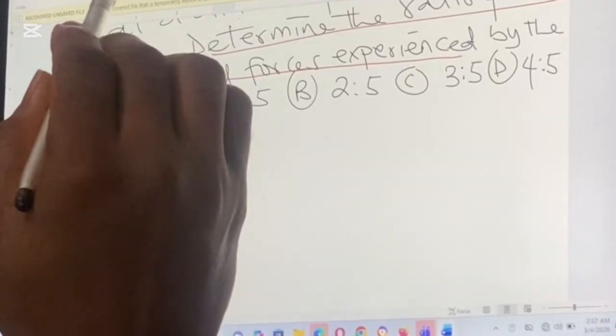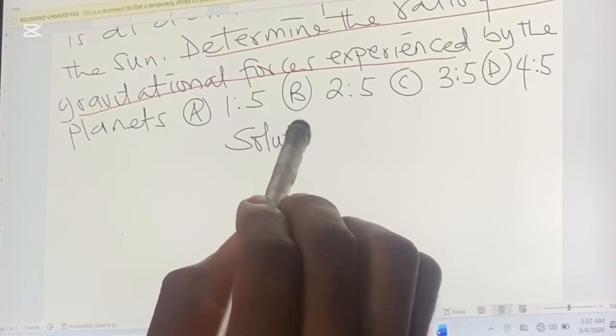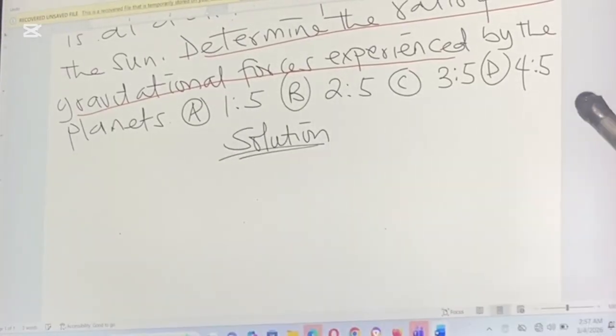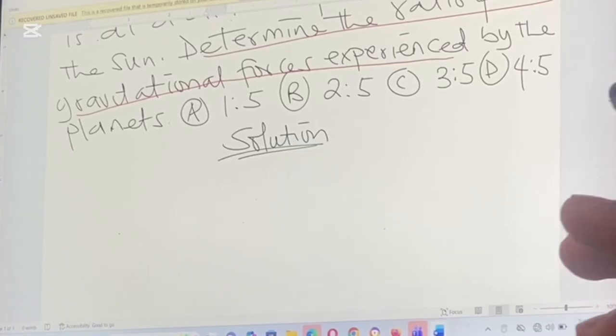And whenever you have two masses and you are asked to find the force between two masses, we use Newton's law of universal gravitation. Please take note.